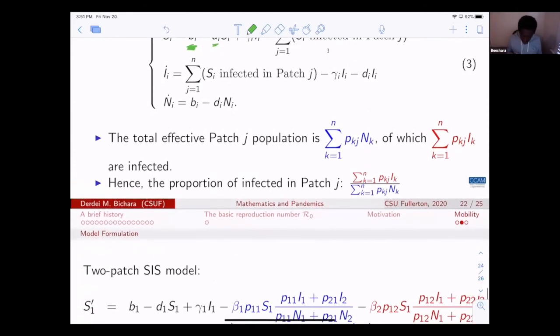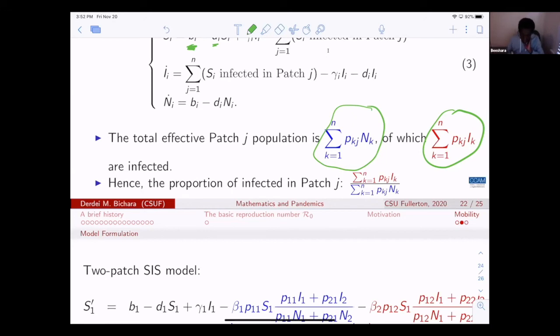So in each patch, right, we have this quantity of infected, and we have this quantity of population. And keep in mind here in each patch, j, we have all people from all different patches. So let's say we have Long Beach. We have, at any given time, a proportion of people from Fullerton, or a proportion of people from Long Beach, from LA, and so on, or from Anaheim.